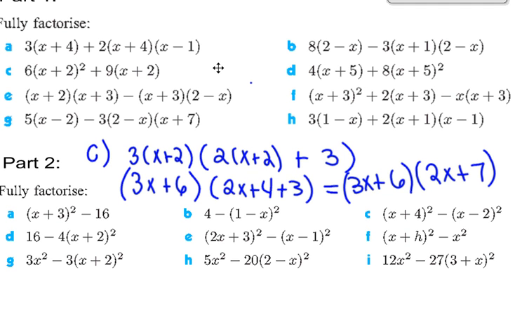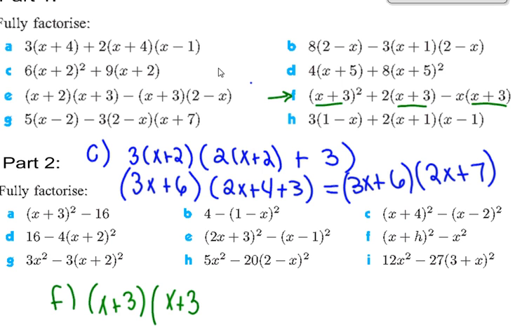Maybe we could look at F as well from that one. So letter F, this one here. We look at all three of these terms and we think, okay, what do these share? And obviously we can factor an x plus 3 out of every single one of them. So we take out our x plus 3, and to get x plus 3 squared, we have to multiply x plus 3 times x plus 3.